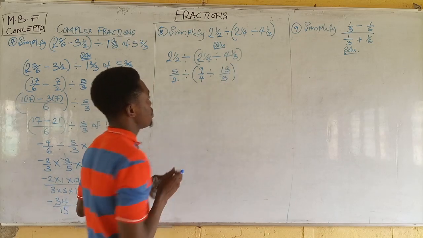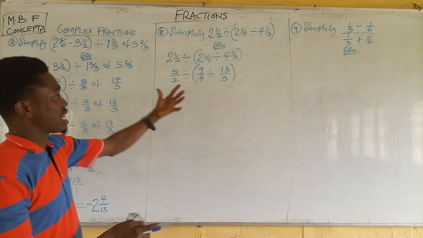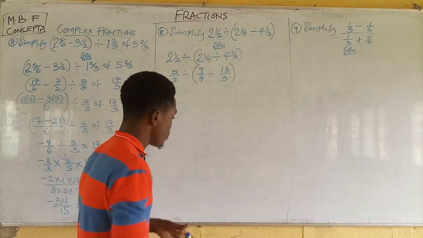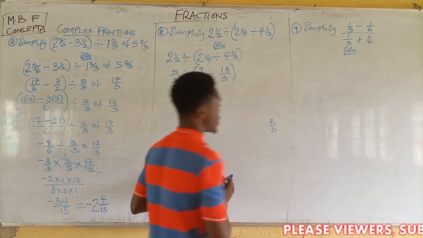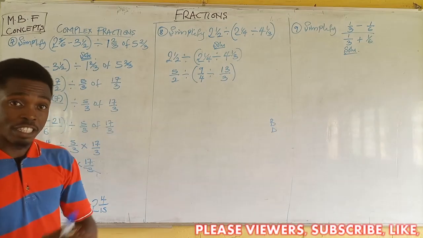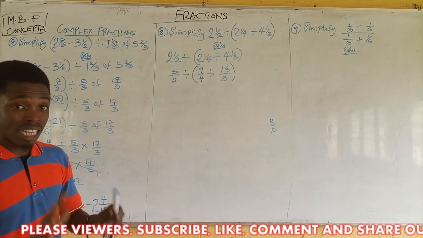Then we have this. Then guys, the next thing we are quickly going to do is to identify the BODMAS characters that are here, and we have bracket and division only, right? So first of all, we resolve the bracket, and the bracket encloses one division sign, right?